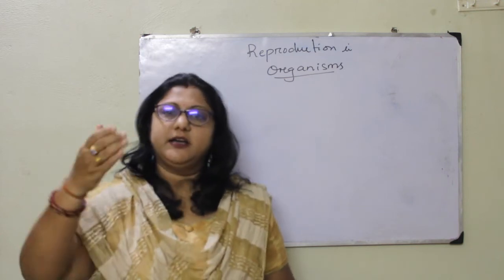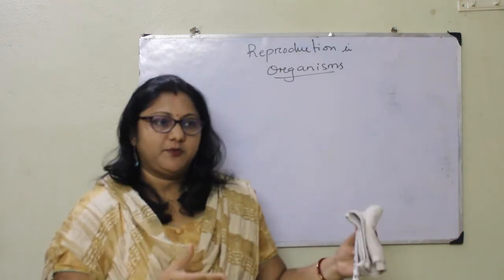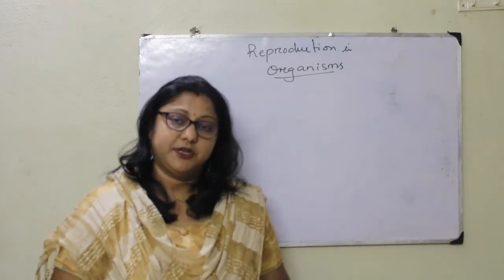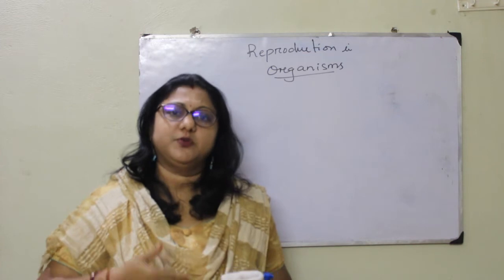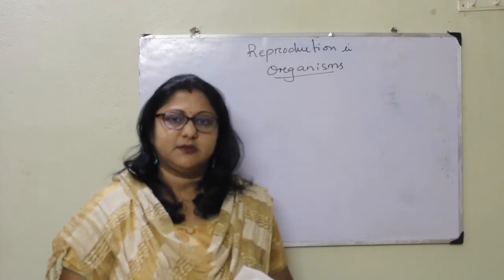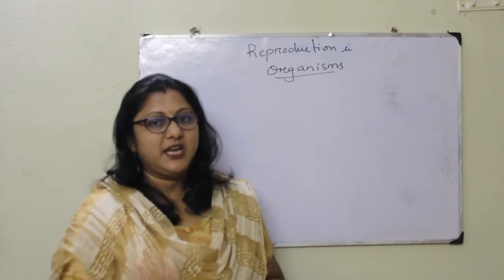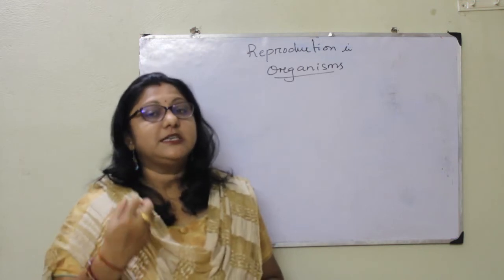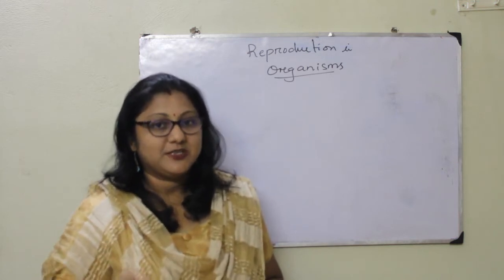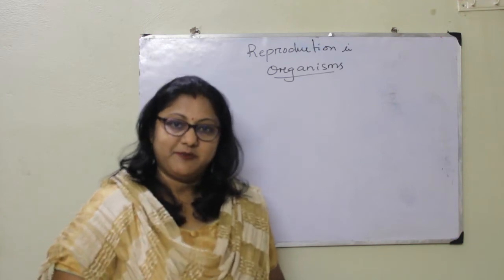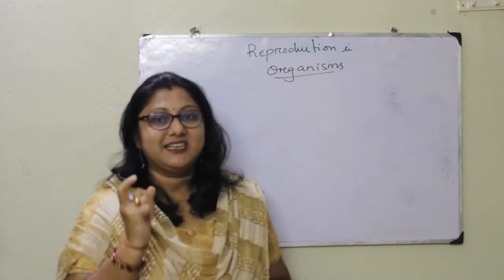Right? In higher organisms, we term it with a special process, that is reproduction. But in all organisms, even those who do not have a nervous system, they increase in number. So the basic need of every organism is to increase in number. So another term for reproduction is increasing in number.